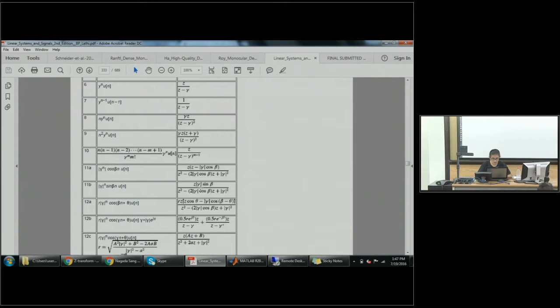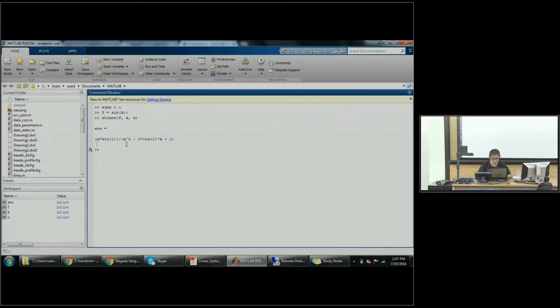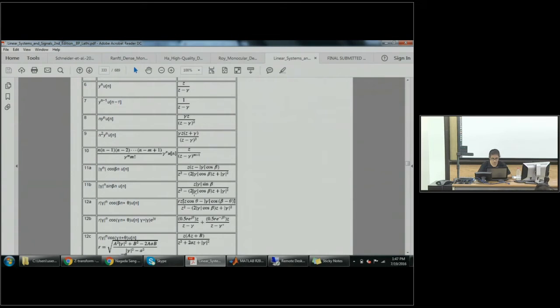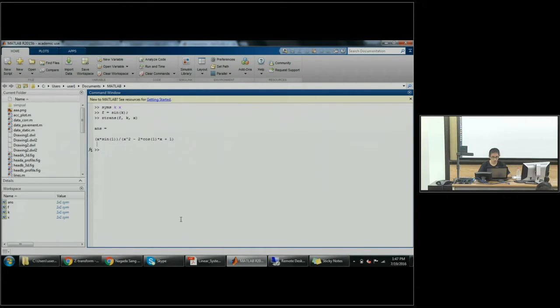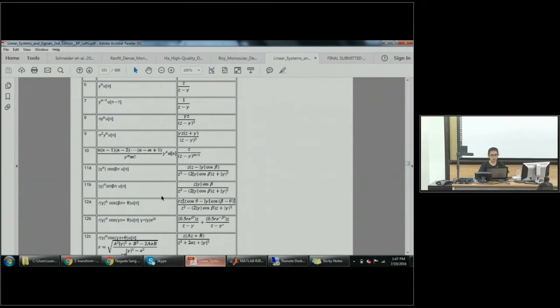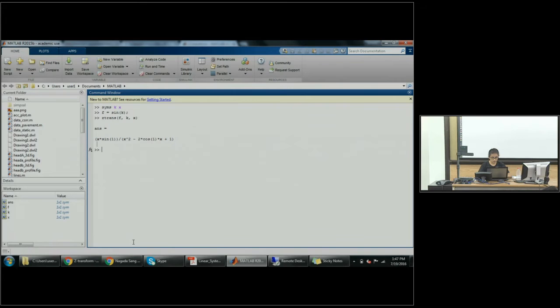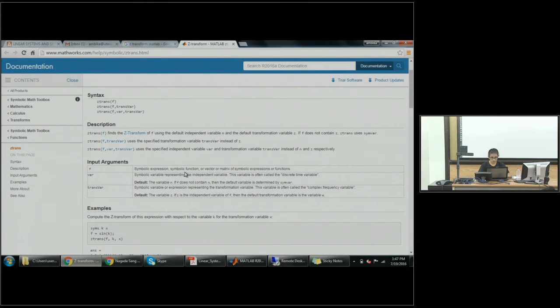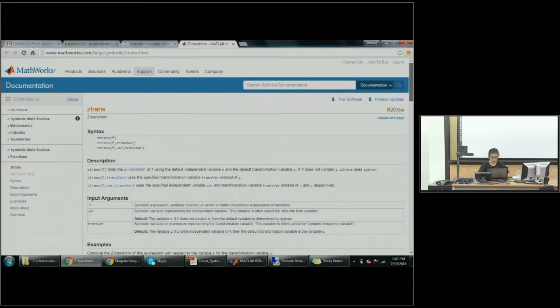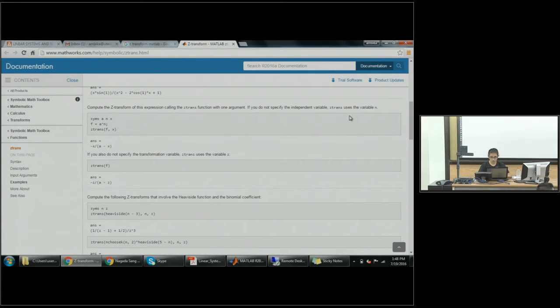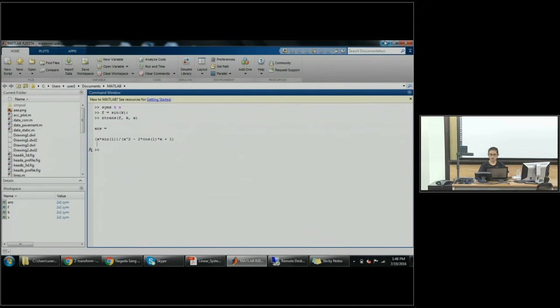Then z is again x over there, so it's x squared minus 2 cos x plus 1, because gamma is also 1 in our case. So that's one thing that you can play with, ztrans. And that's it for today, I think. Thanks, Andrew.